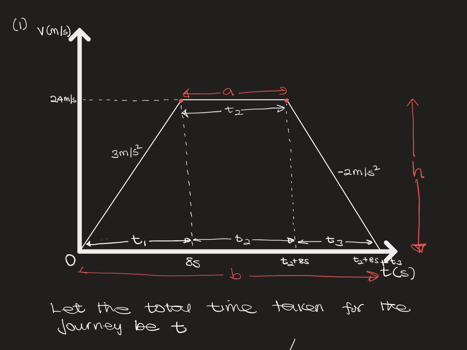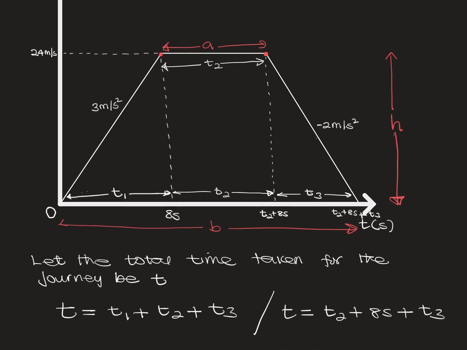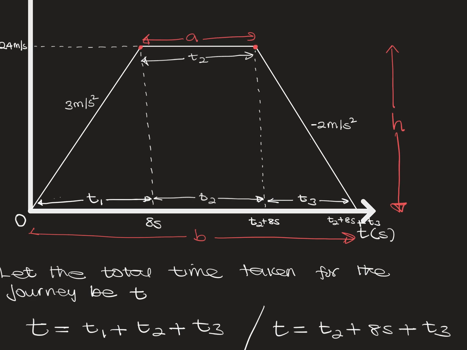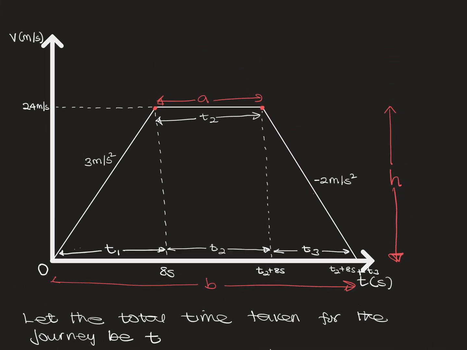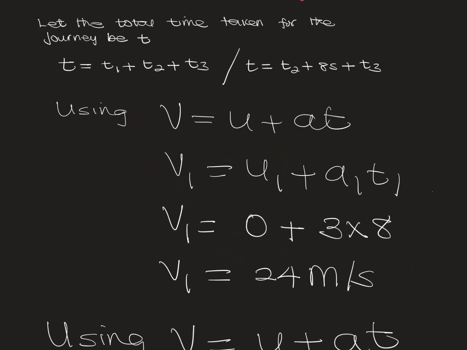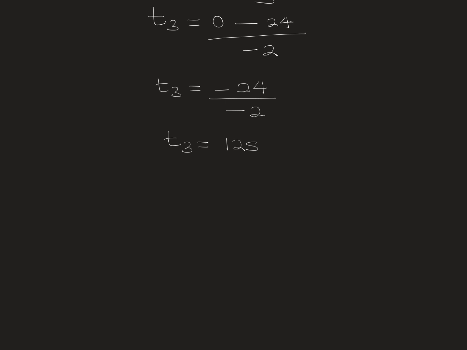So using this information, we know that the total distance traveled by the car is going to be the area under the graph. So the area under the graph gives a shape of a trapezium. Therefore, we have to use the area of a trapezium.